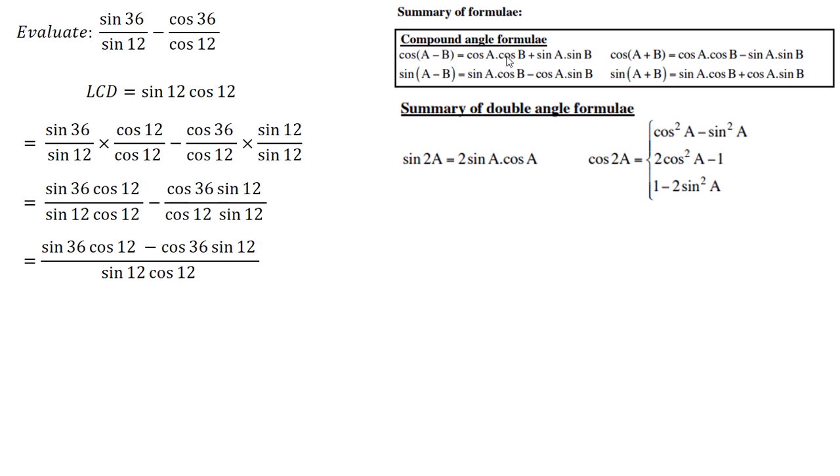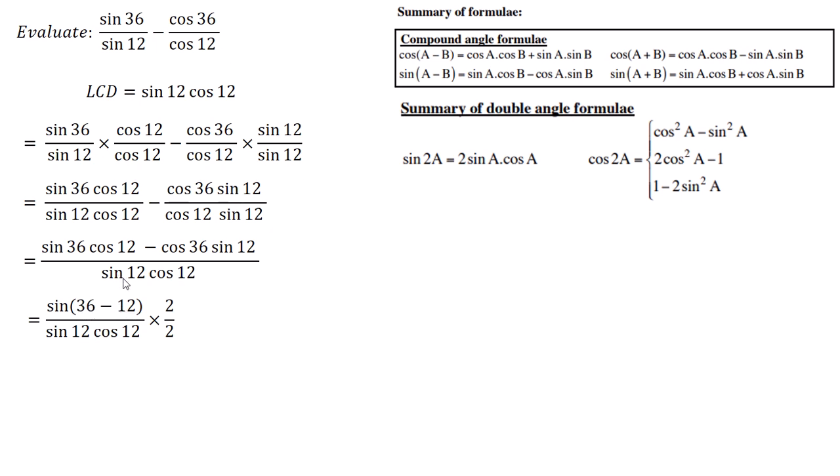Looking at our compound angle formula, this is the same as this one, so we can reduce it from this form to this form. If this is our A and this is our B, it becomes sine A minus B, which is sine 36 minus 12.